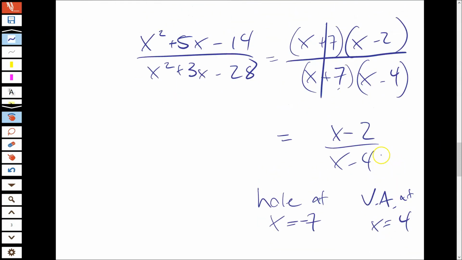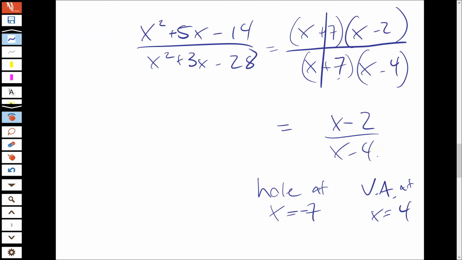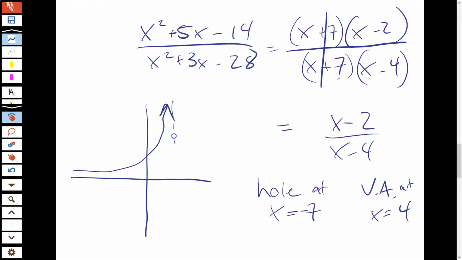Okay, so what this means, right, is if I drew this function, I'm just going to draw a random sketch, we might have something like this, where we have this going on at x equals 4. And then we also have a hole over here at x equals negative 7. Okay?